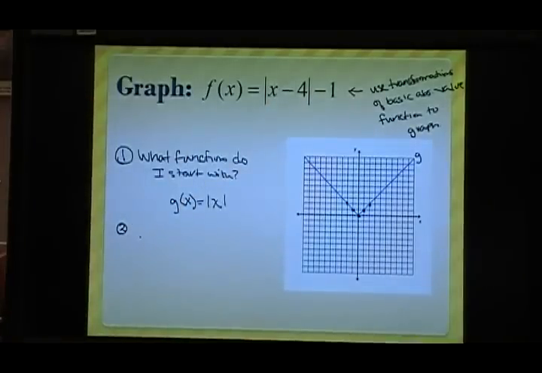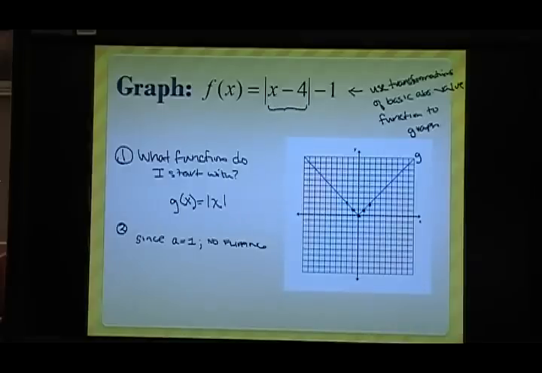Since the value of a is just positive 1, I'm not going to do any flipping or stretching, which we'll talk more about. We're not talking about doing any stretching here. So we know we're not going to be doing any flipping. If we had a negative up here, then we would be flipping or rotating about the x-axis.